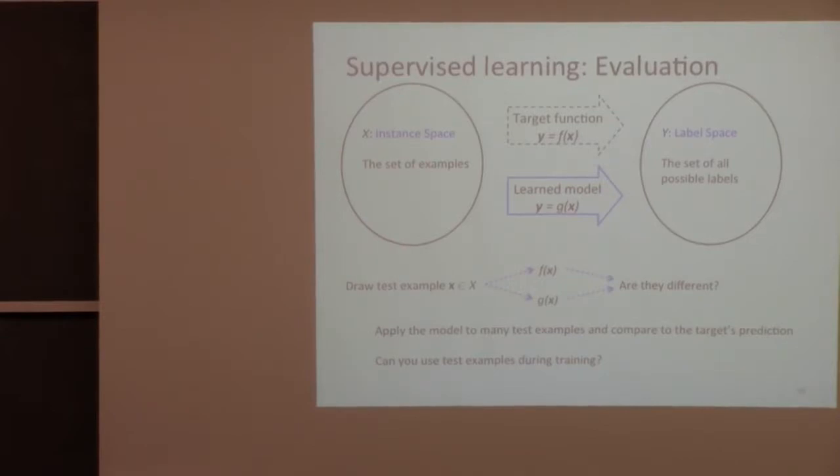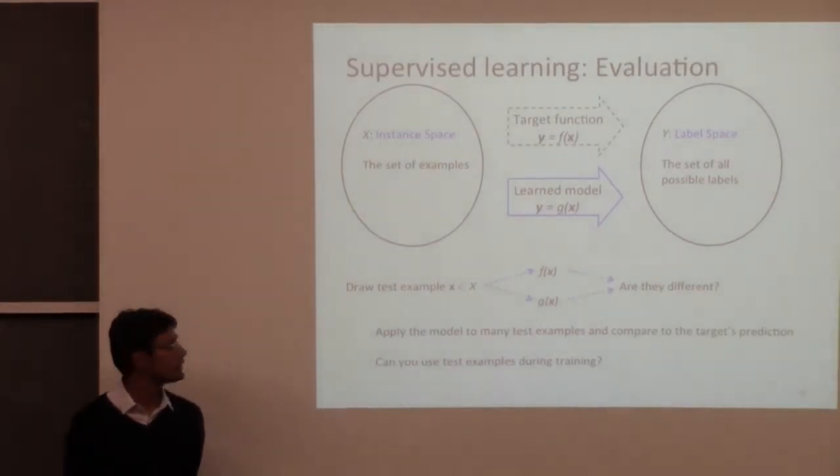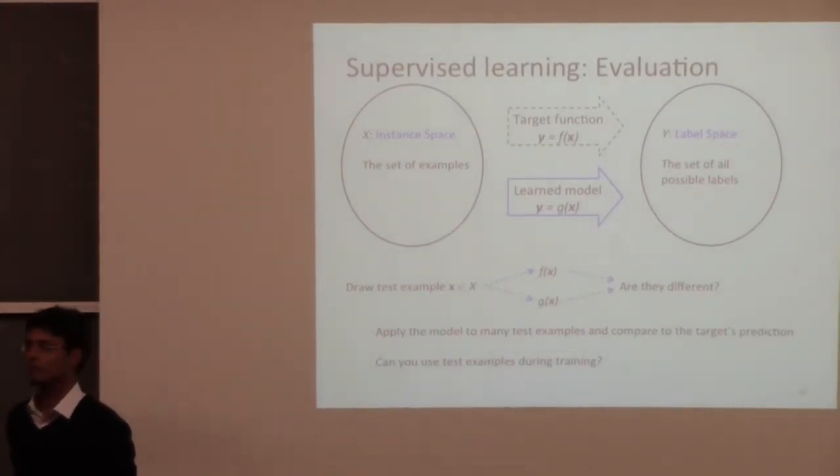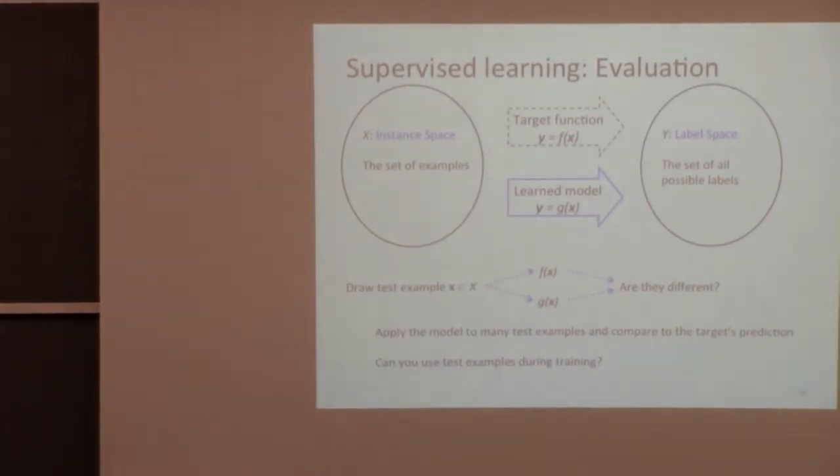And the most popular way of evaluating a classifier is to take new examples, take a test example from the instance space, apply both functions to it, and see whether they agree or not. So you apply your badges classifier to a new name, and after you apply it, I will tell you whether the label is correct or not.